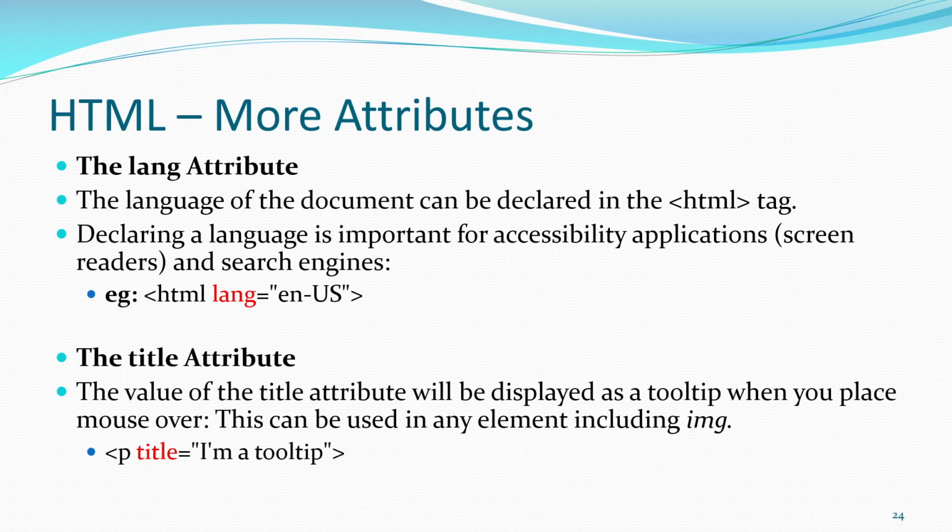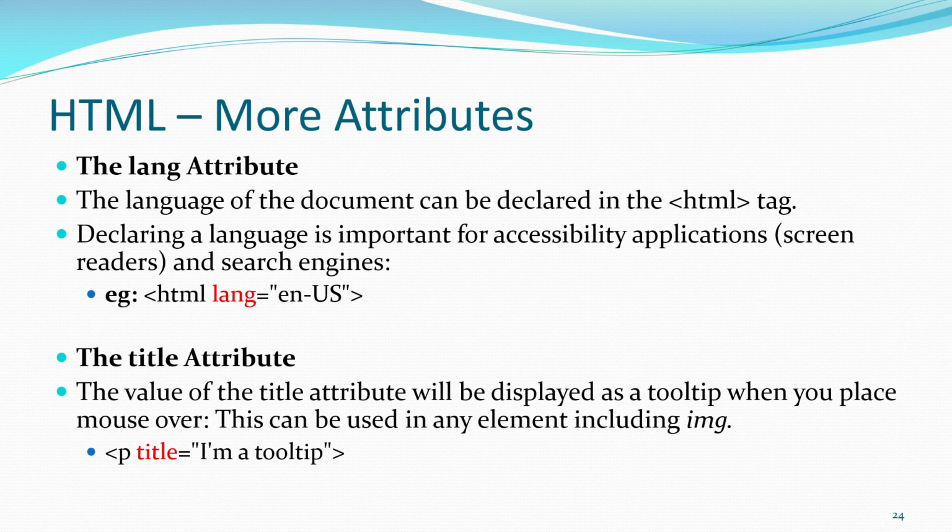Now, as an assistant to the visually impaired, we can specify up in the HTML tag the language that we're using in the web page. We do this so that other accessibility applications such as screen readers will be able to know how to convert the text to audible, so it just helps people.